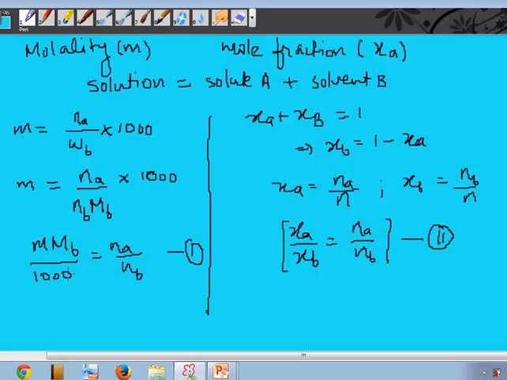So that gives me molality multiplied with Mb, that is molar mass of solvent, divided by 1000 is equal to XA by XB, and XB is what? 1 minus XA. So this is my formula. This is my formula for the relation between molality and mole fraction.